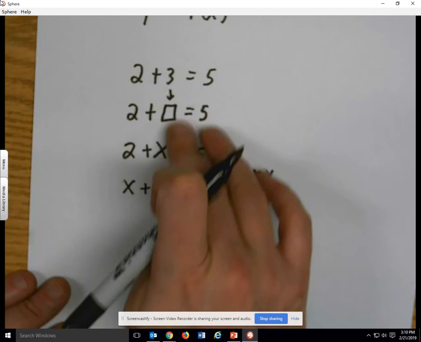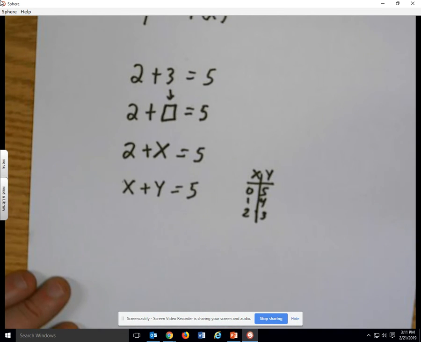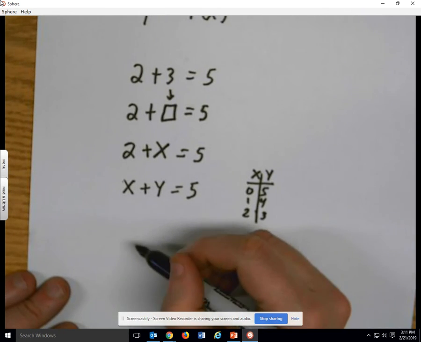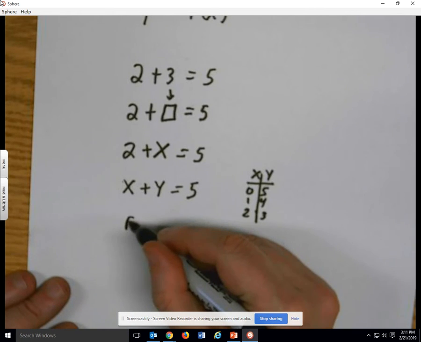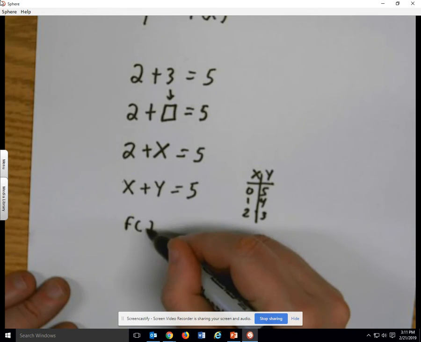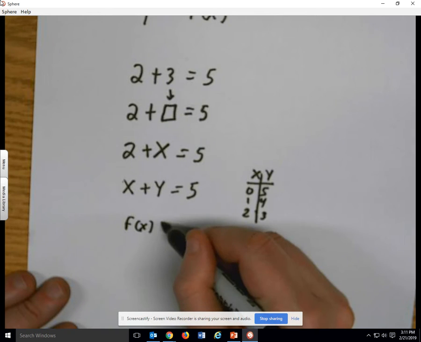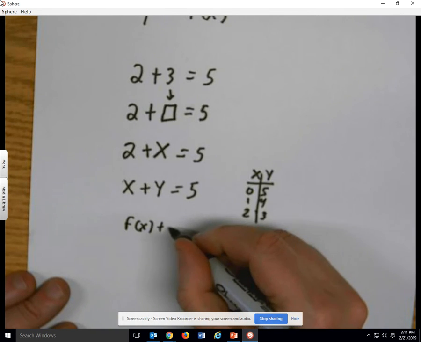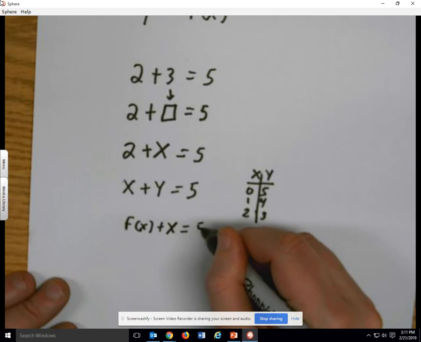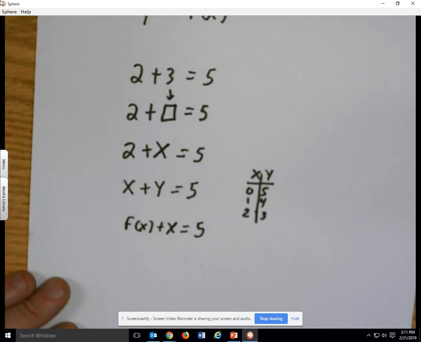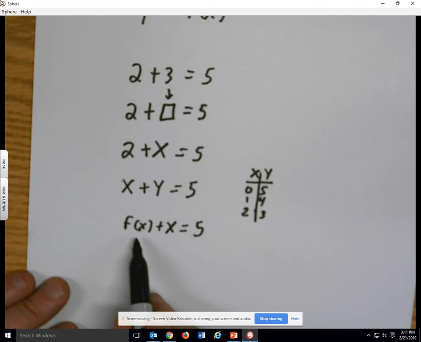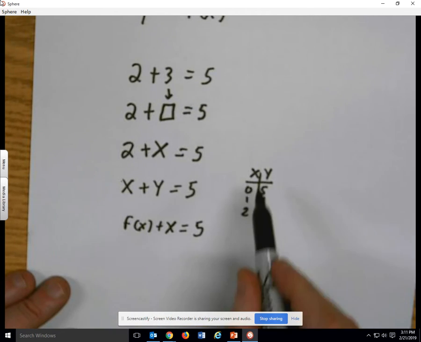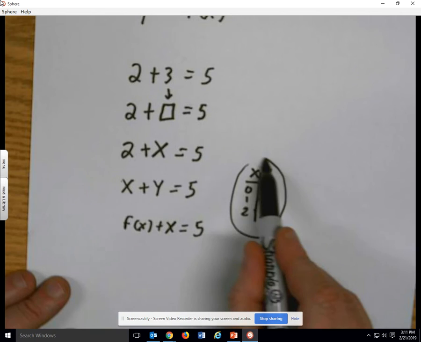Every time we advance a step, it blew our mind. Well, now we get to this thing that says f of x plus x equals 5. And all that f of x is, is another way to keep track of this.